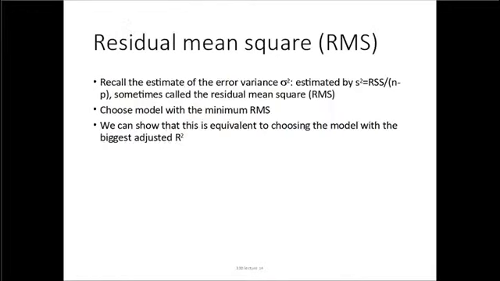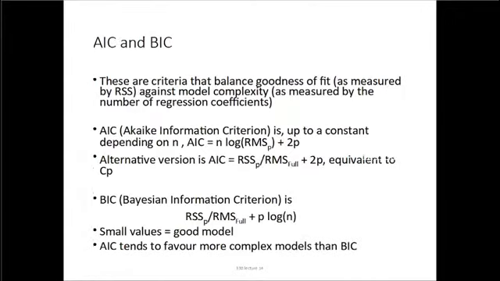You can also use residual mean square, which is the residual sum of squares divided by n minus p. N is the number of observations, p is the number of variables used here. So more variables means it will penalize. And we'll see in metrics like AIC and BIC that the residual mean square is used.